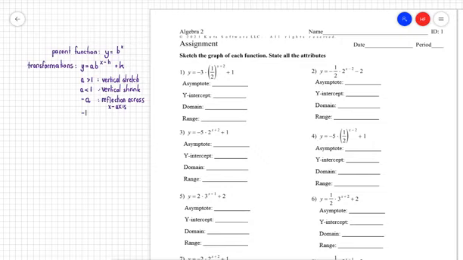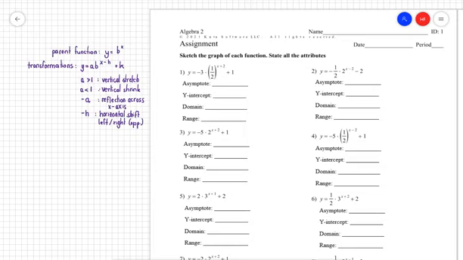That minus h is going to be our horizontal shifts. And as always, our horizontal shifts are going to take us the opposite direction because of that minus in there. So if it says minus 2, then we're moving to the right.